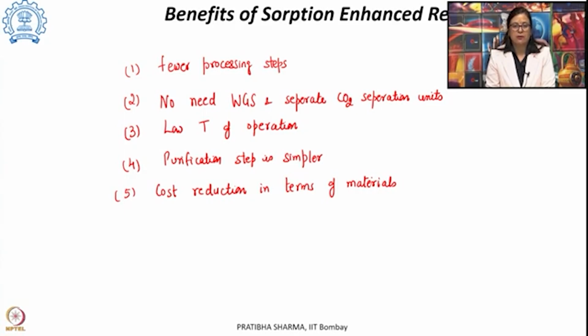These are designed for very high temperatures. So expensive materials are to be used for the reformer tubes. However, since the reaction temperature does not go very high, it is about 650 degrees centigrade to 725 degrees centigrade in sorption enhanced reforming, very expensive material is not required for the reactor construction.